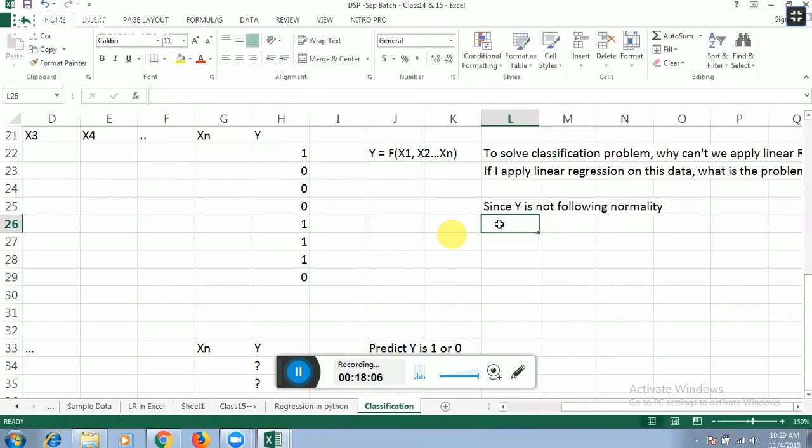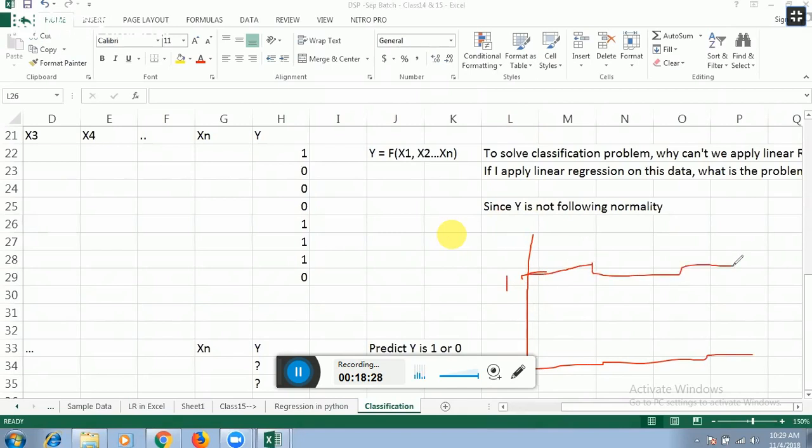And the second one is, if you look at my Y and X, this is my Y and this is my X. What is the Y and X relationship? Y is always 0 or 1, right? Assuming that this is 1 and this is 0, for every value of X, either you will have a 1 or you will have a 0.